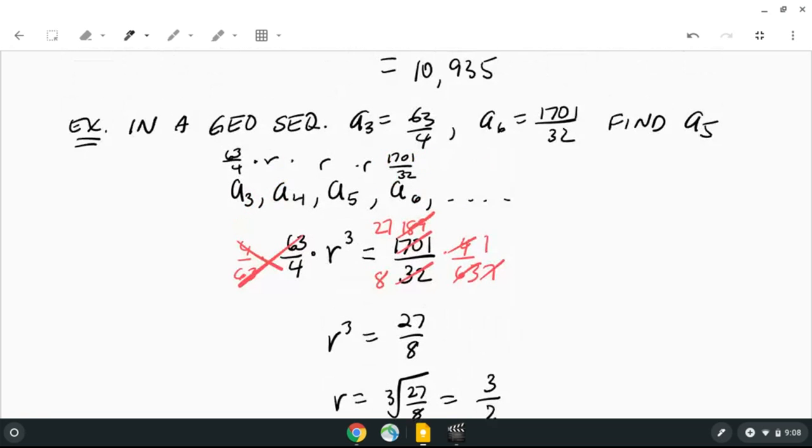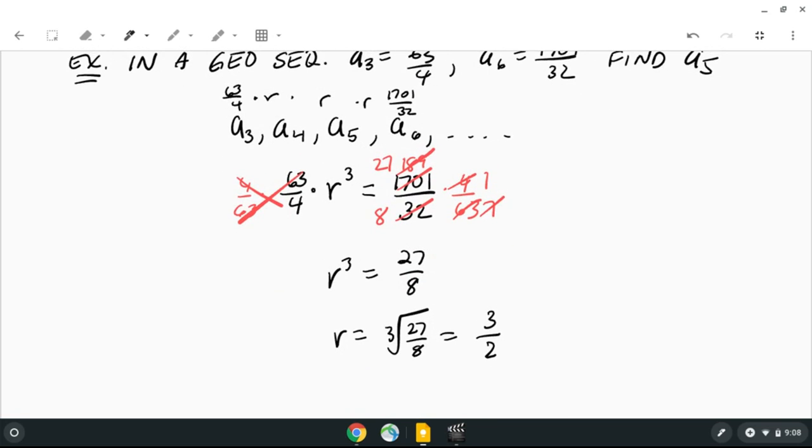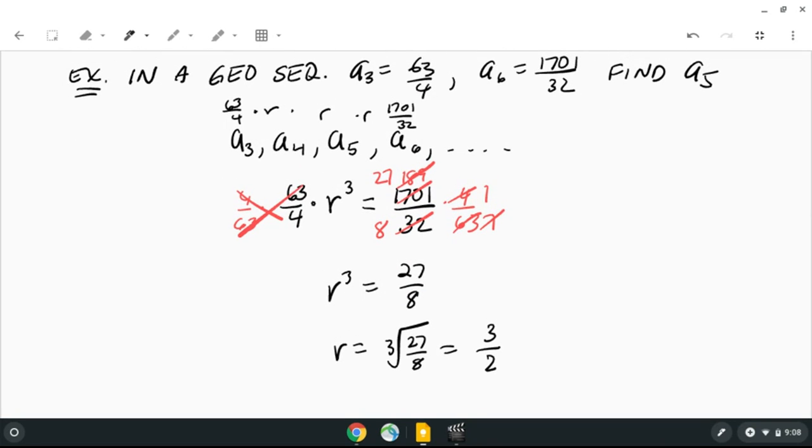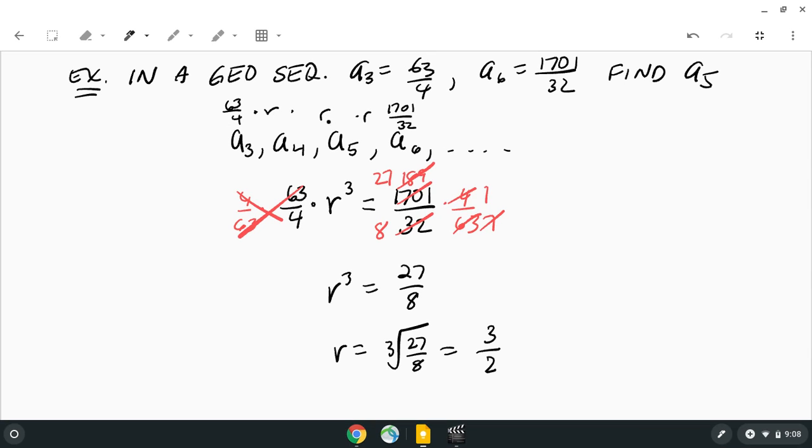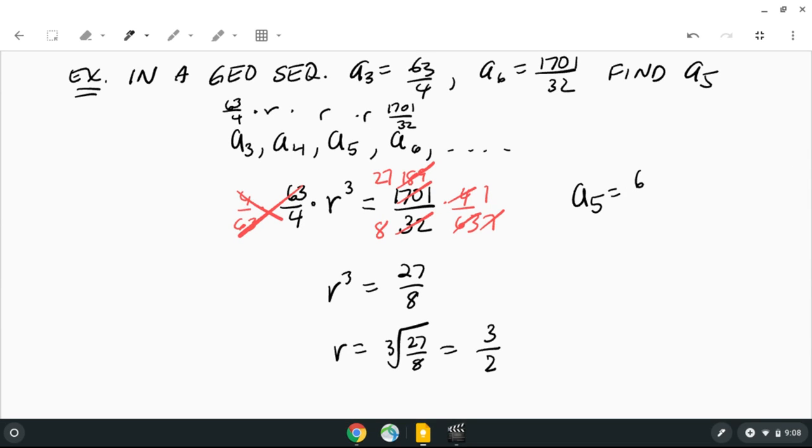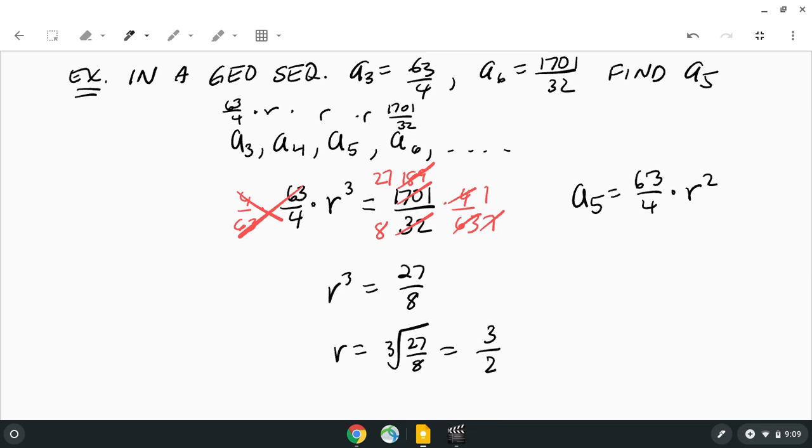But we need to find a5. To get to a5, I just need to do 63 over 4 times r squared. We know what r is because we just found it.